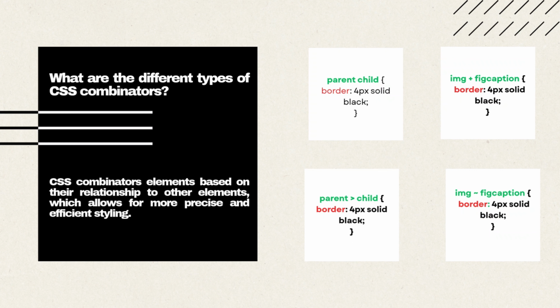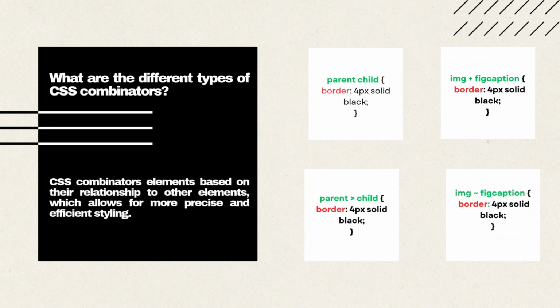So with descendant, even if you have a div container and you have another div container nested inside that div container, and this second div container has a p tag, and maybe you have p tags that are immediate children of the parent.